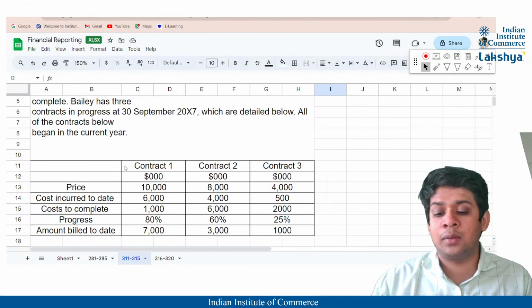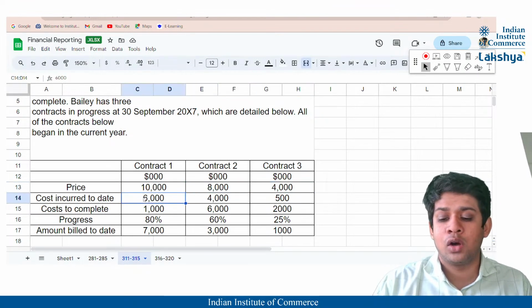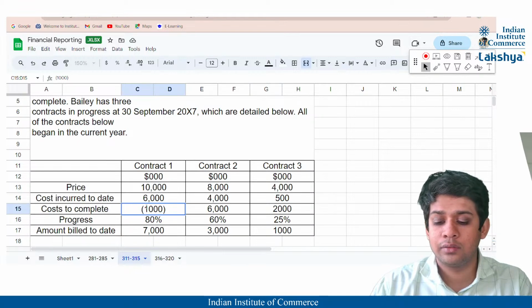You have the total contract price of 10,000, 8,000 and 4,000. Costs incurred to date are 6,000, 4,000 and 500, right? The cost to complete are 1,000. I'll just put these as negative amounts.